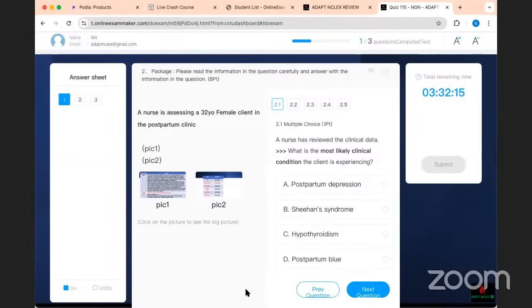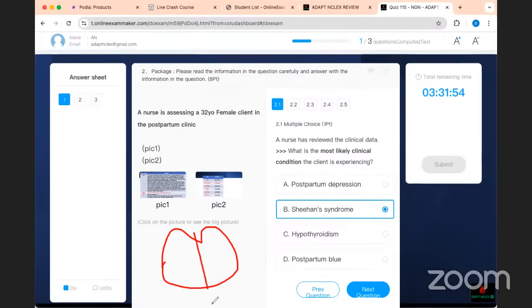This is something you should know. If you've never heard it before, it happens all the time. And the key word is postpartum hemorrhage. And that causes hypotension. And what does that do? You go to your pituitary gland in your brain. The pituitary is divided into posterior pituitary and anterior pituitary.